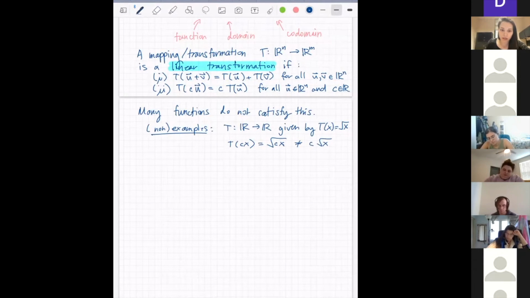So this is not c times T of x, if we plug back in T of x for the square root. And so this is not a linear transformation. You see that pulling out a constant is not something that you get out of every function, so it's actually a really nice property to have. Just to be really clear, this is not a linear transformation.